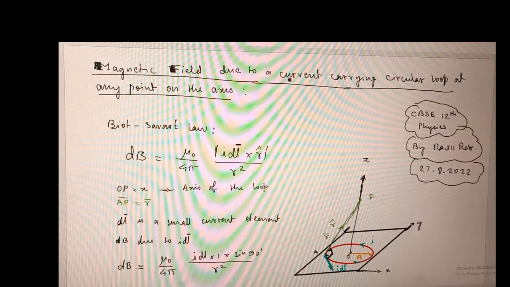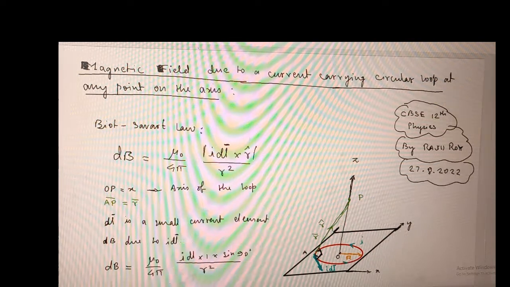Hope I am right. Yes, r squared. Fine. Make it as equation number 1.